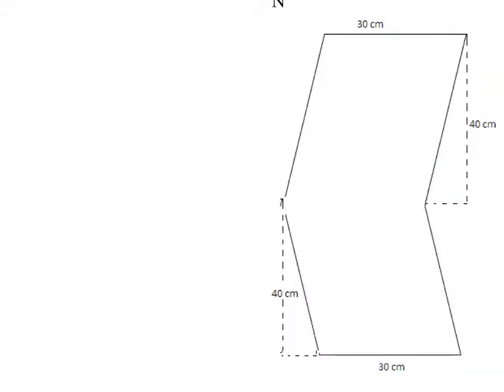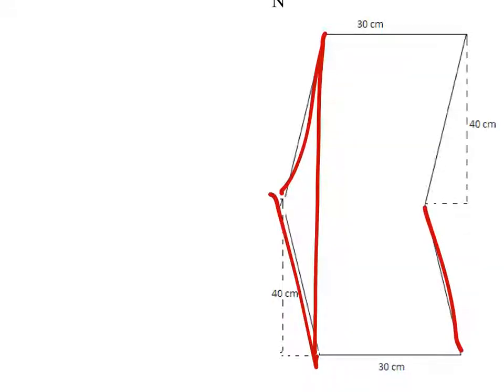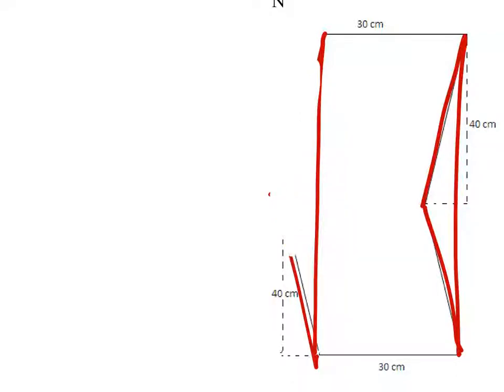All right, this one looks a lot more difficult than you guys think it is actually. But here's what I'm going to do: I'm going to cut this thing off right here. And see this triangle right here? It's going to fit exactly right here to make a rectangle. So I moved that over, so I don't need to worry about that part. What I have now is just a straight rectangle, which is extremely nice.